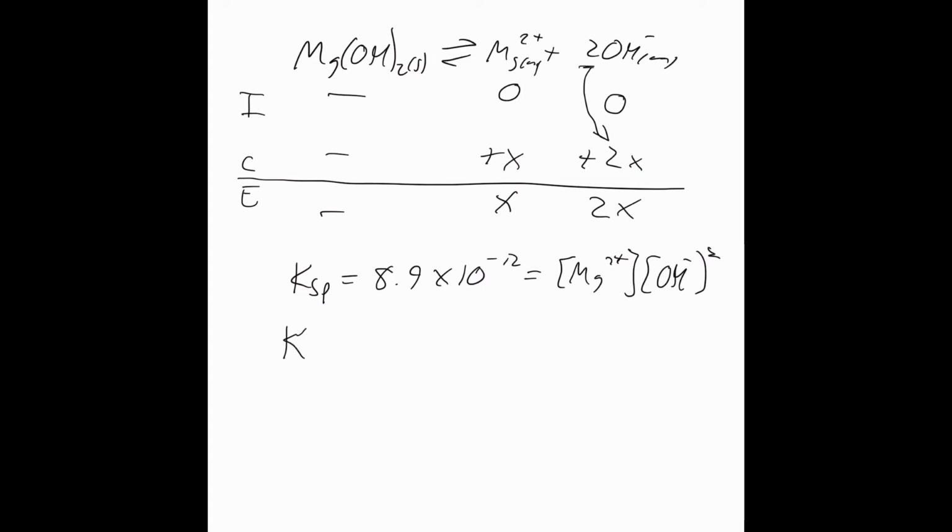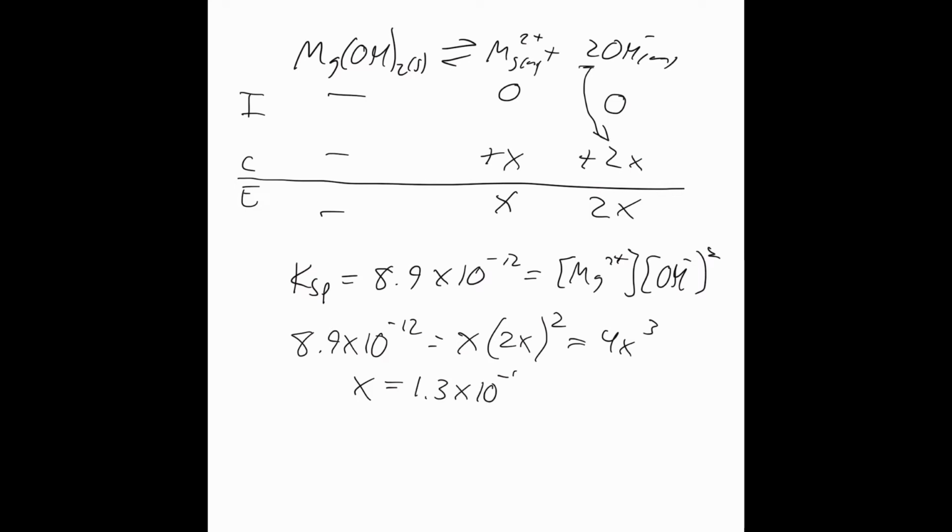Then we plug those in. That would be 8.9 times 10 to the minus 12 equals x times 2x squared, which is 4x cubed, because you square the 2x. Then we divide through by 4 and solve for x, which is 1.3 times 10 to the minus 4.